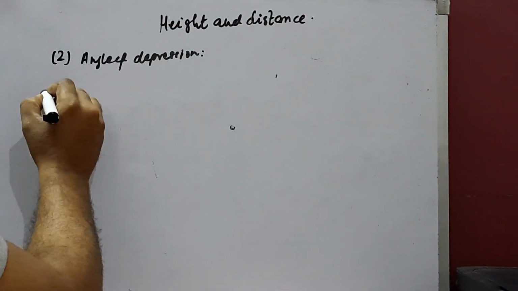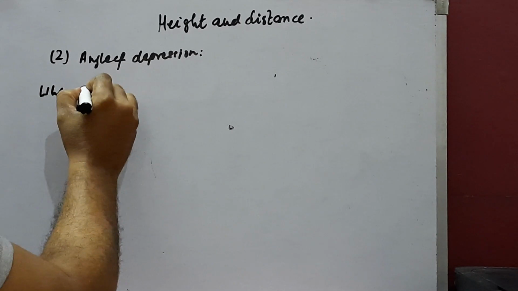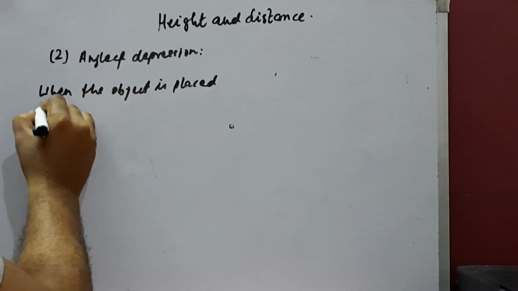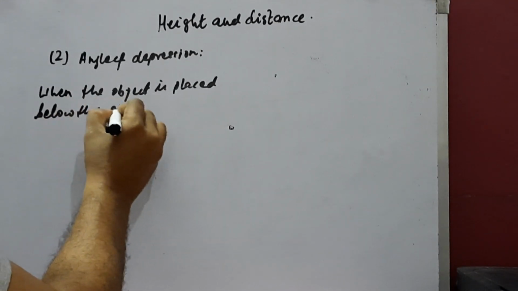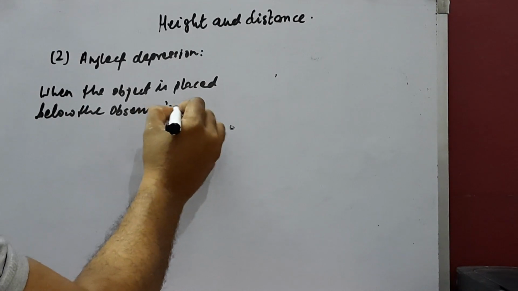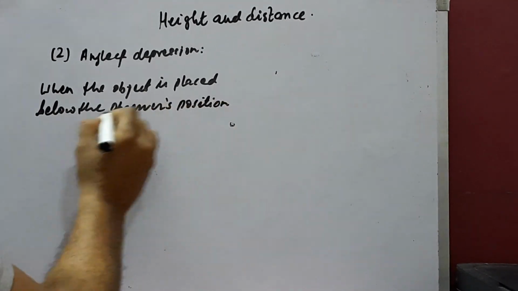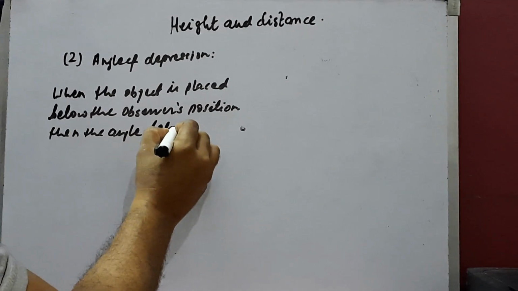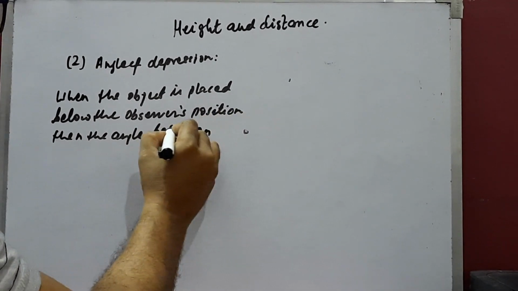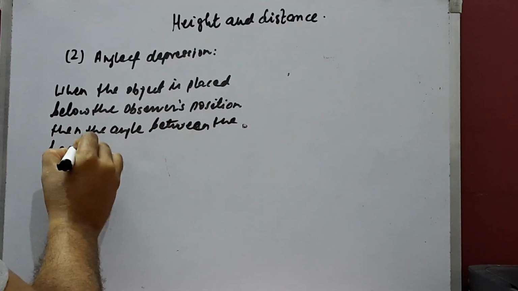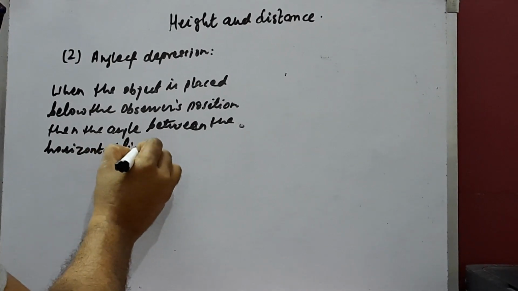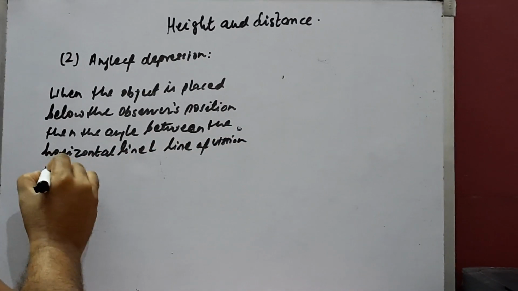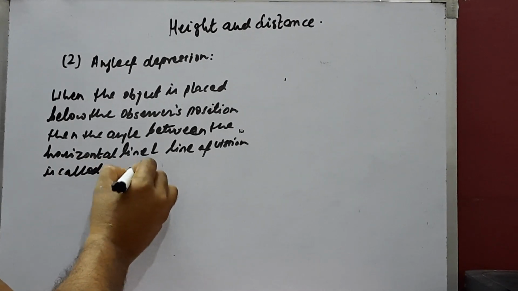Angle of depression: when the object is placed below the observer's position, then the angle between the horizontal line and the line of vision is called angle of depression.